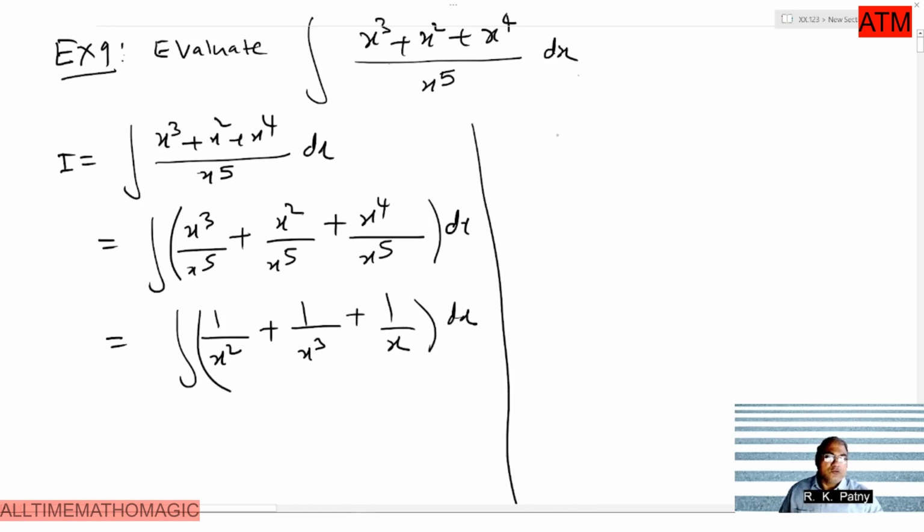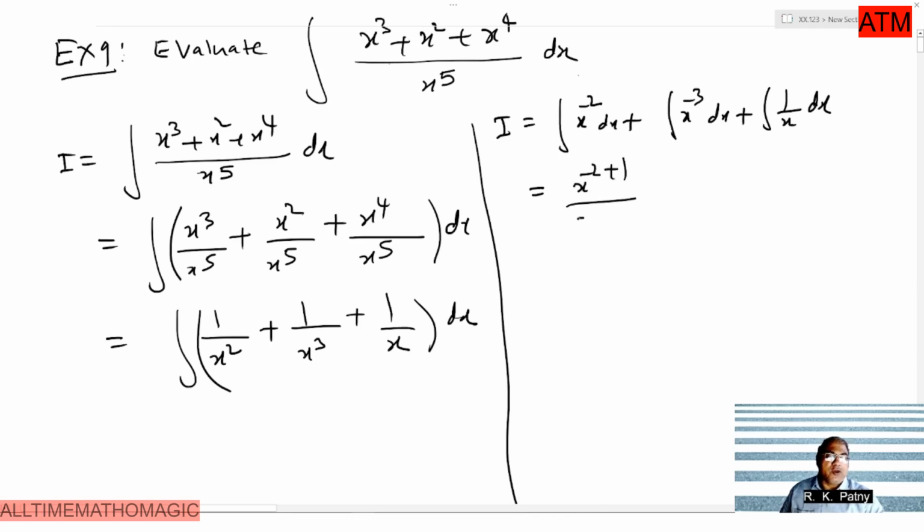So I equals to integration of x raised to minus 2 with respect to x plus integration of x raised to minus 3 with respect to x plus integration of 1 upon x with respect to x. This is equivalent to x raised to minus 2 plus 1 upon minus 2 plus 1, x raised to minus 3 plus 1 upon minus 3 plus 1, plus log x to the base e.